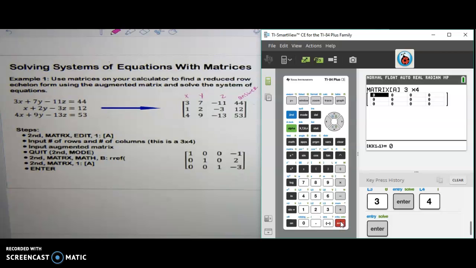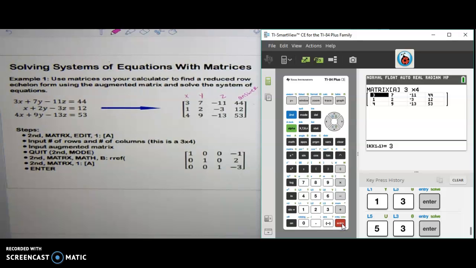Then you're going to type the matrix in. So we have 3. If you hit enter, it'll take you to the next one. Then the 7, negative 11, 44, 1, 2, negative 3, 12, 4, 9, negative 13, and 53.